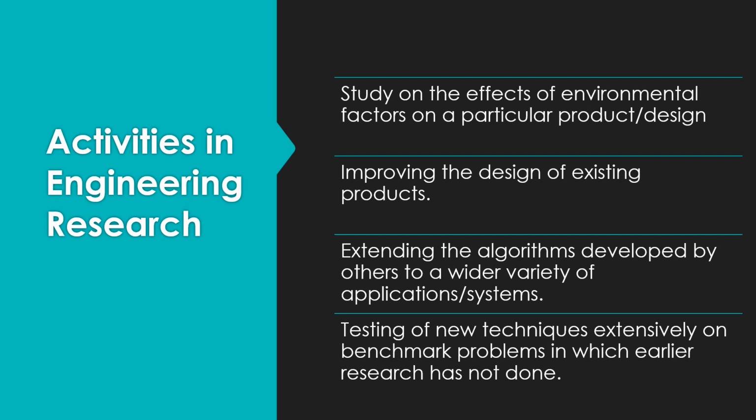Another activities such as study on effect of environmental factors on a particular product or design, improving the design of existing products. We can also extend algorithms developed by others to a wider variety of application, and also test new techniques on benchmark problems in which earlier research has not done.